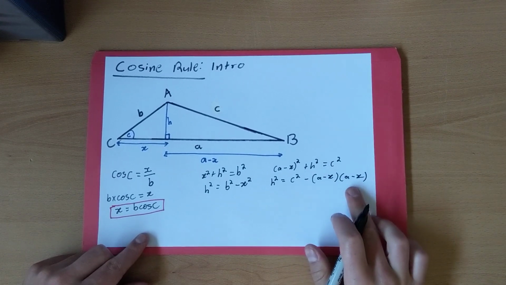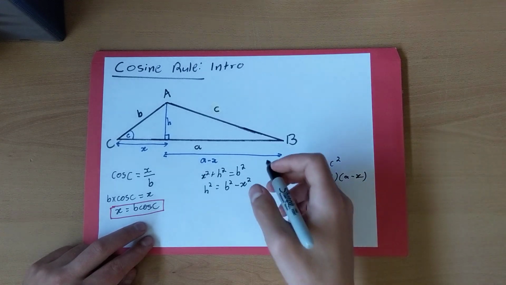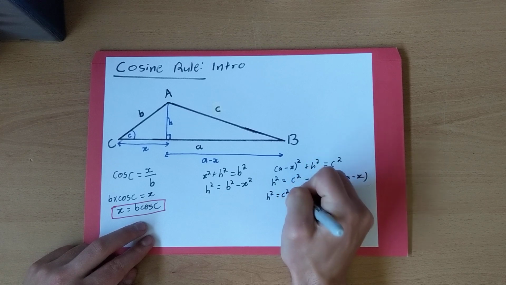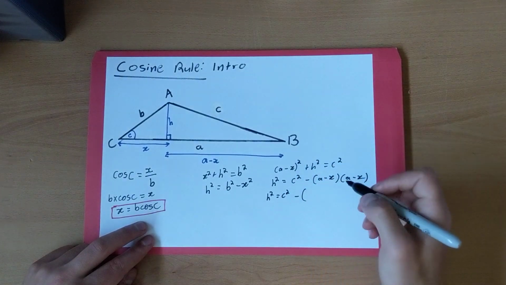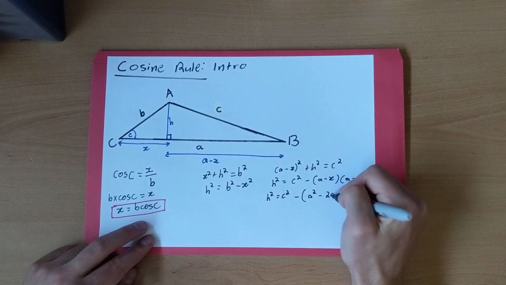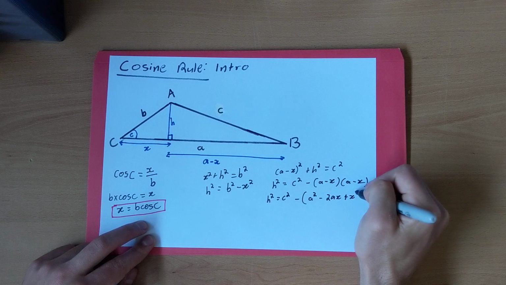The reason I've done that is so that I can easily expand those brackets to multiply it out. So we're going to get h squared equals c squared minus a squared minus 2ax plus x squared.